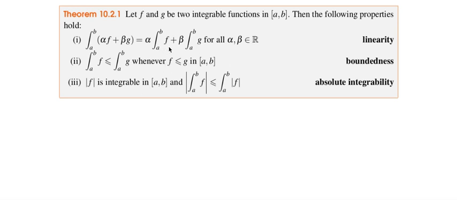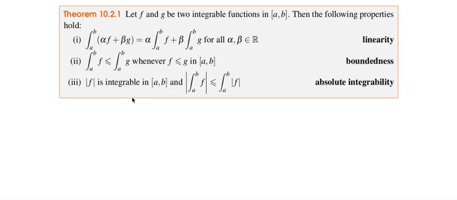Okay, and this is easy to prove. The idea is that if you go to the partitions, in every interval in the partition, the value of the rectangle, if you want, is going to be alpha f plus beta g, and you can separate that. Then the sum can be separated into the sum for f and the sum for g.